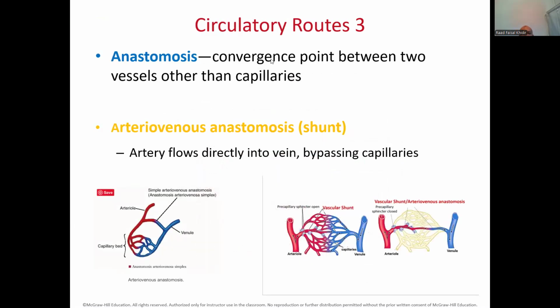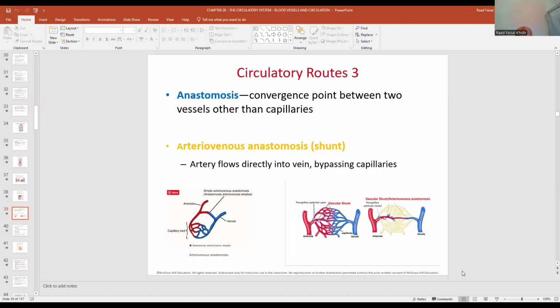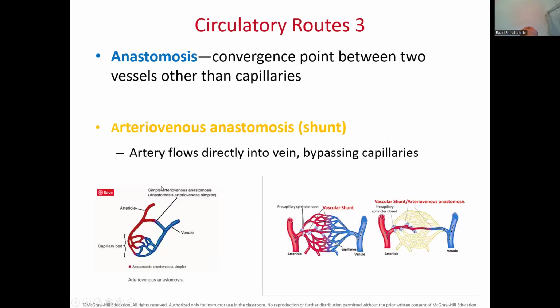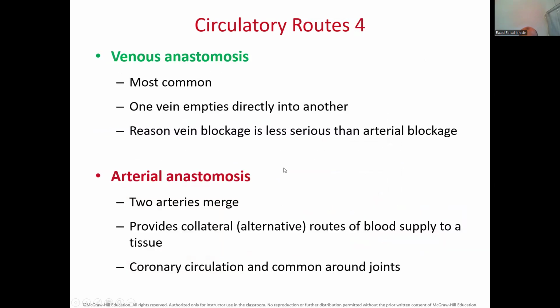The anastomosis, we said, is a fusion or convergence point between two vessels. And anastomosis is when the artery flows directly, bypassing the capillaries. The venous anastomosis is the most common, and that's where one vein is going to empty directly into another.